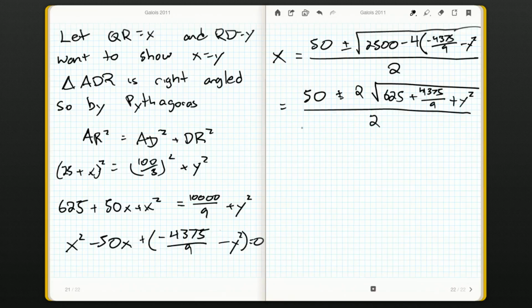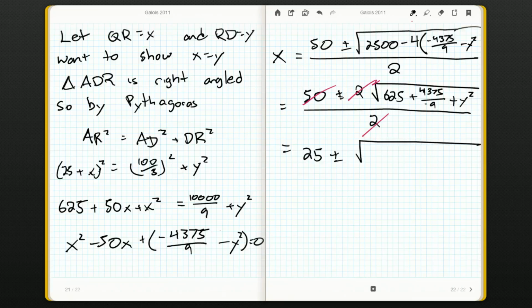All over 2. So now the 2's will cancel out. We won't have to write this as a fraction anymore. So it'll be negative 25 plus or minus.